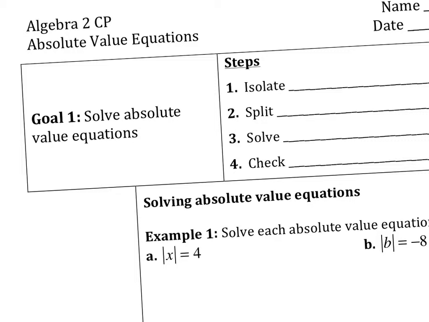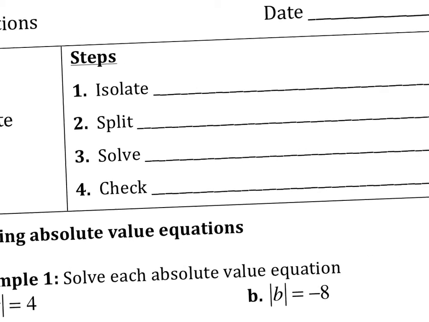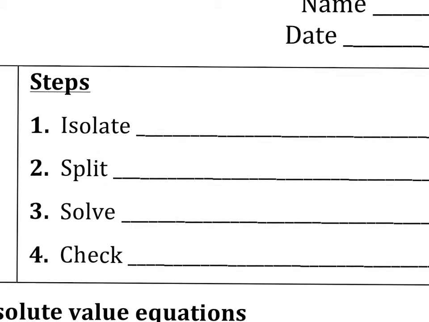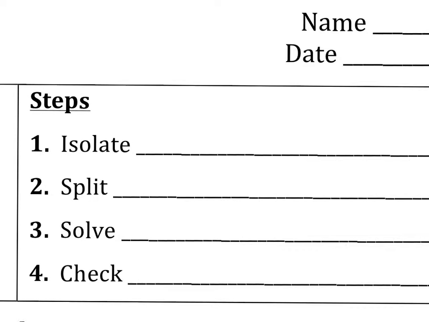So, in order to solve absolute value equations, let's walk through the steps first and then start attacking a problem or two. Step number one: you have to isolate the absolute value.